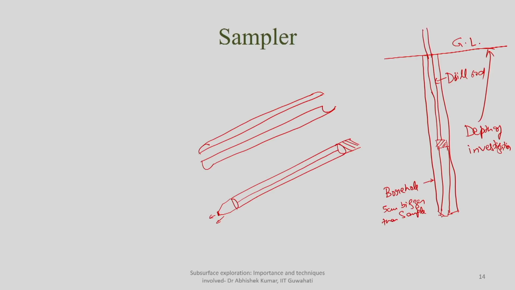Then on the top you will have some assembly which can impart some kind of impact load. Every time you apply some impact load or some push, it pushes the sampler into the ground, then next time some more push, some more push.